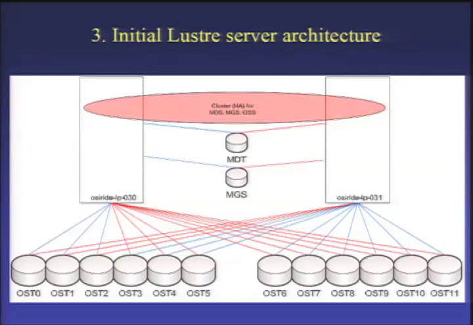In one of them, in regular condition, we were running the MDS and the MGS on the 30 node, and we also had one OSS with 3 OST. On the 31 node, we had only one big OSS running 9 OST.